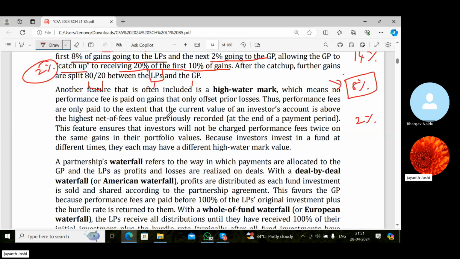High watermark clause, which means no performance fees is paid on gains that only offset prior losses.